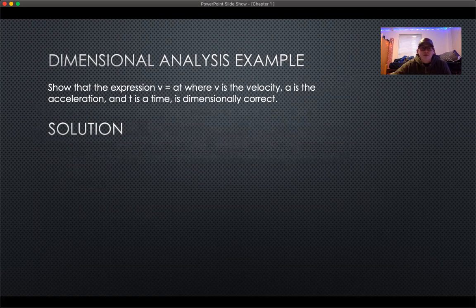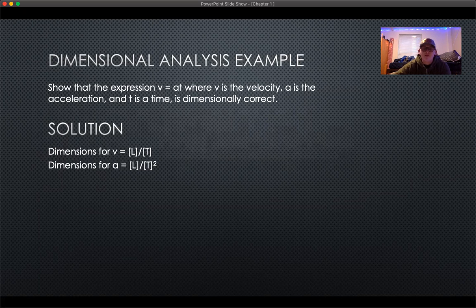Show that the expression v equals at, where v is the velocity, a is the acceleration, and t is the time, is dimensionally correct. To start, you write down the dimensions for velocity, which is length over time. Then you've got your dimensions for acceleration, which is length over time squared, and your dimensions for time, which is just time.